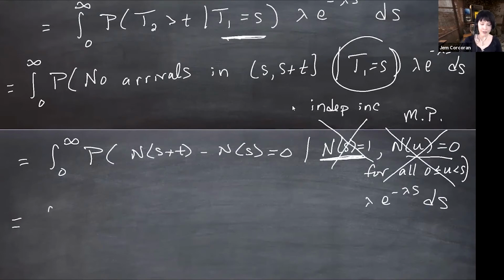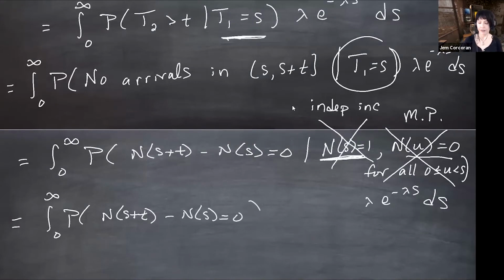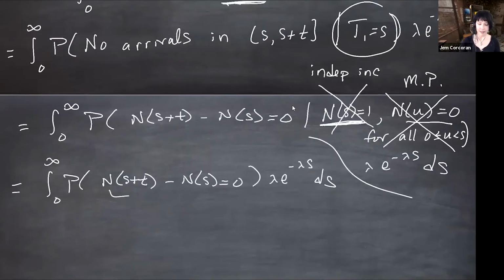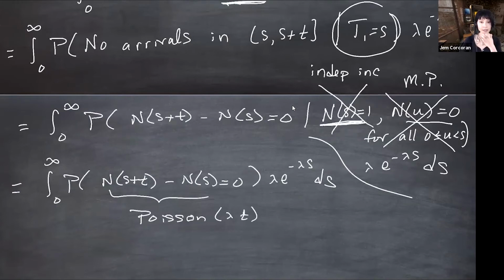So we are down to the integral 0 to infinity of the probability N of s plus t minus N of s is 0, times lambda e to the minus lambda s ds. And this is a Poisson random variable, and the parameter is lambda times the length of the interval, which in this case is length t.